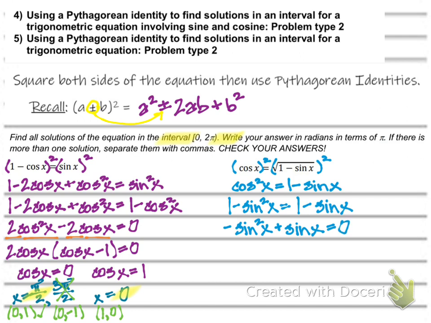And then I have a common factor of sine x. So negative sine x times sine x minus 1. I factored out that negative. So either sine x is 0 or sine x is 1.